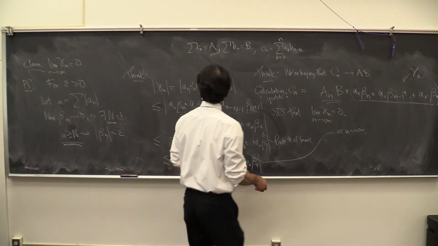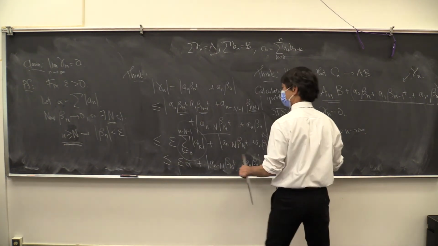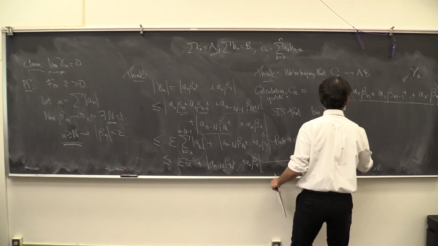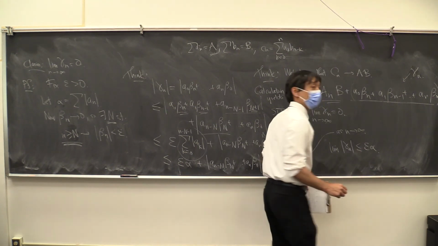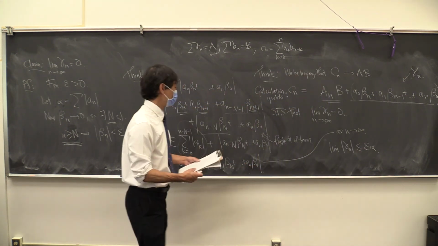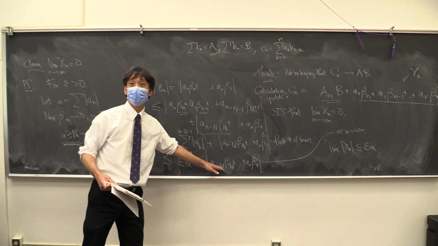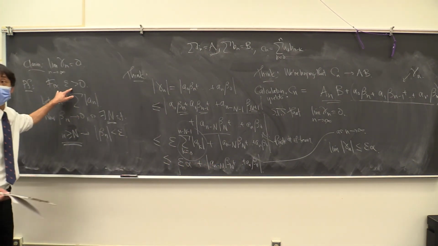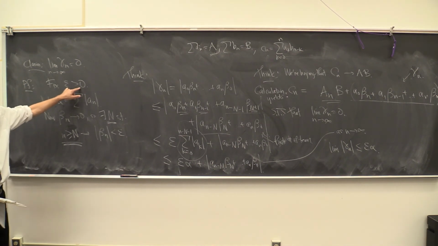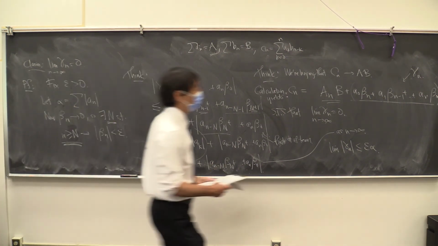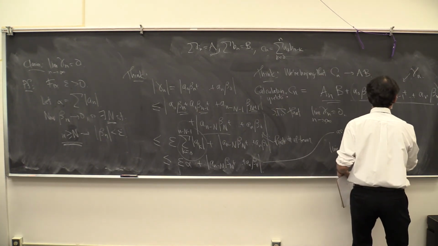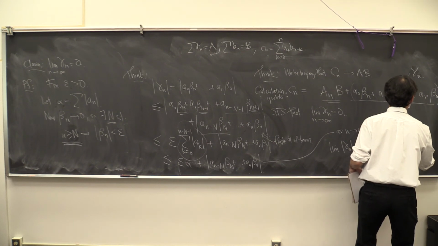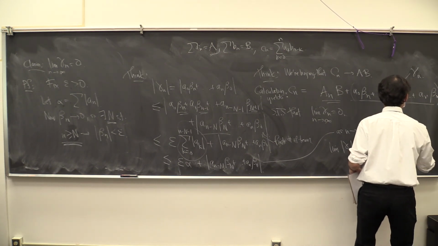So what does that tell you? That the limit of this thing is smaller than epsilon times alpha, because this other thing went to 0. But epsilon was an arbitrary positive number.